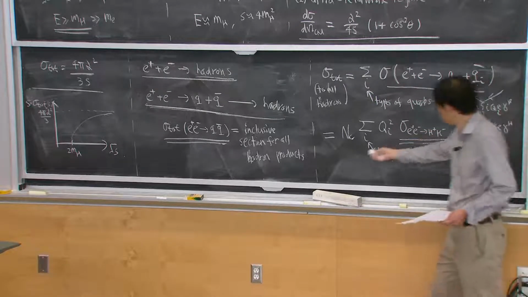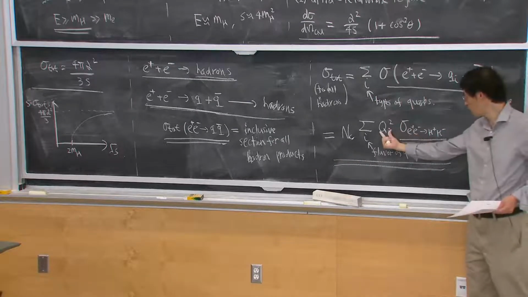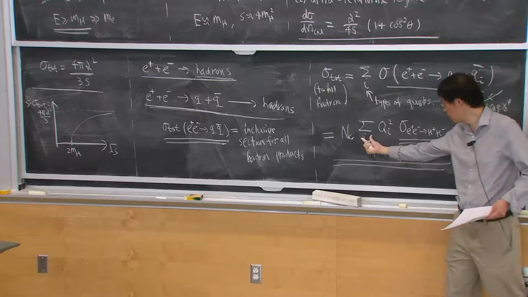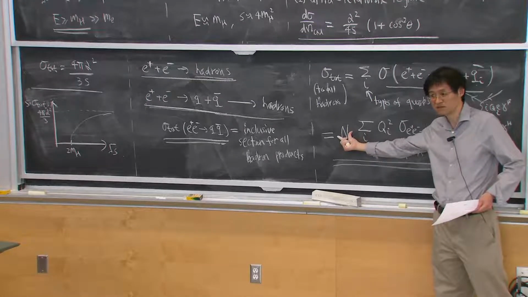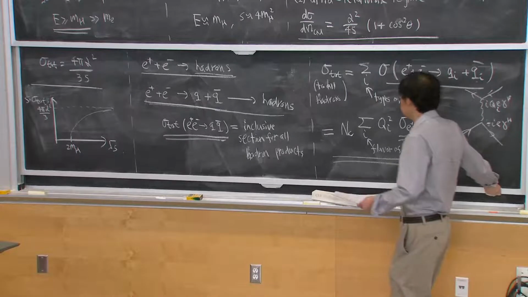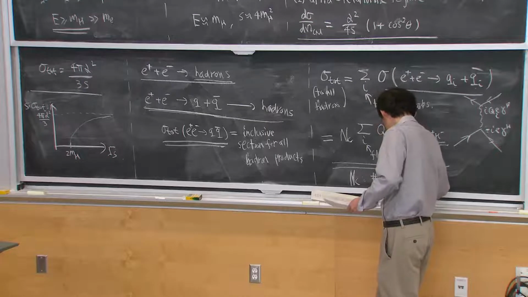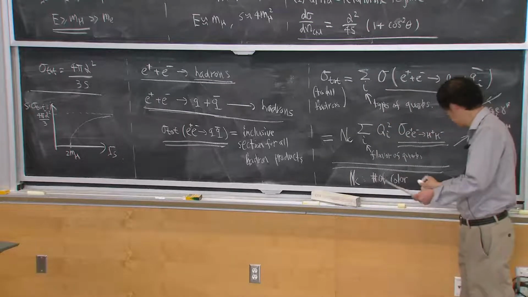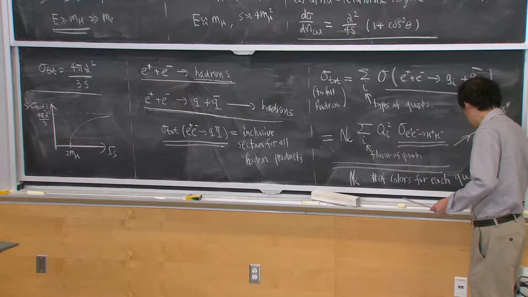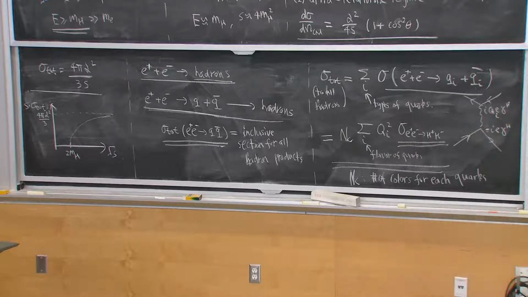Okay, so now it's given by this formula, because you just multiply the Qi squared to the total cross section of e plus e minus to muon, and then you sum over all the flavors and multiply by the number of colors, because all different colors have the same charge.